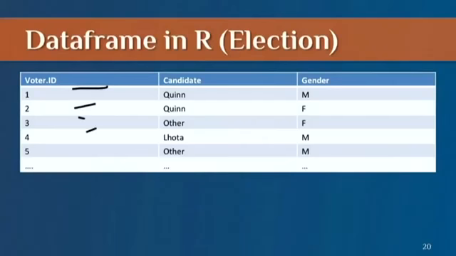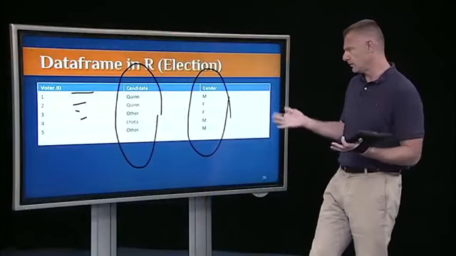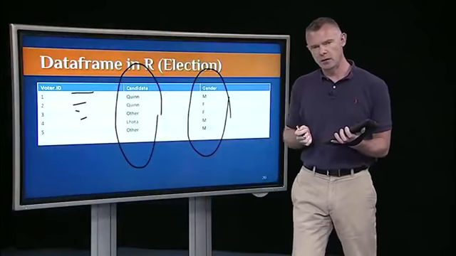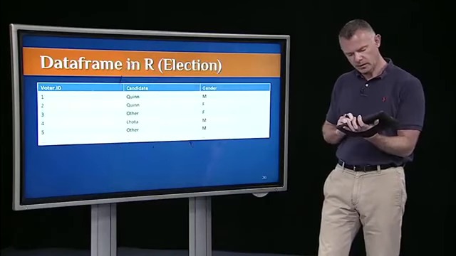They're each represented by a row. Then in the second column, I put down what candidate they prefer: Quinn, LODA, or other. And I also put in gender, because in the next segment we're going to use gender to see if there's a relationship between gender of the voter and their choice.